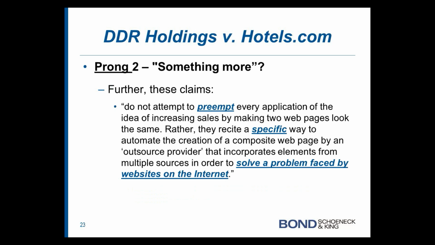Further, these claims do not attempt to preempt every application of the idea of increasing sales by making two web pages look the same. Rather, they recite a specific way to automate the creation of a composite web page. And in doing so, the claims of the patent solve a problem faced by websites on the Internet.